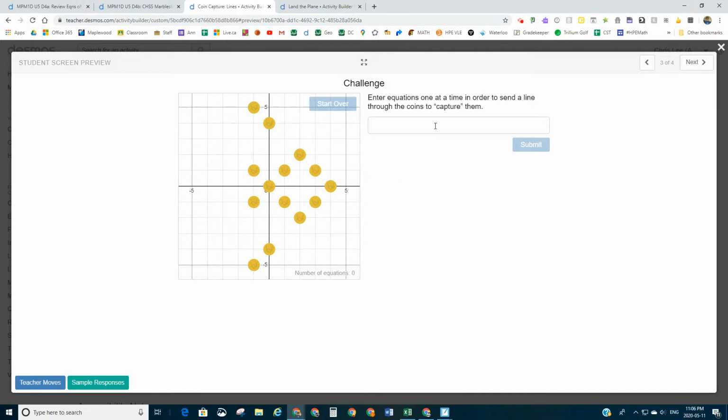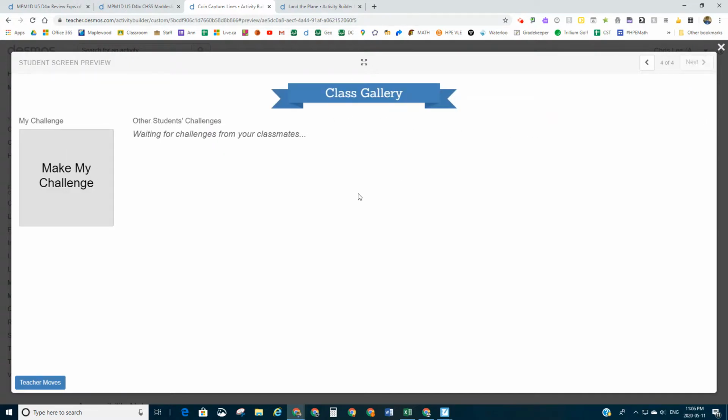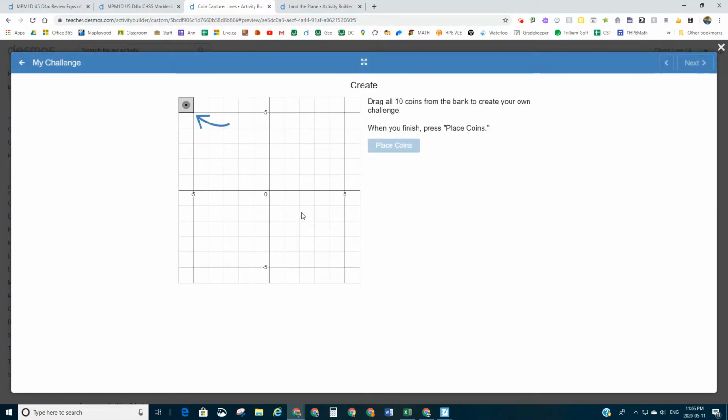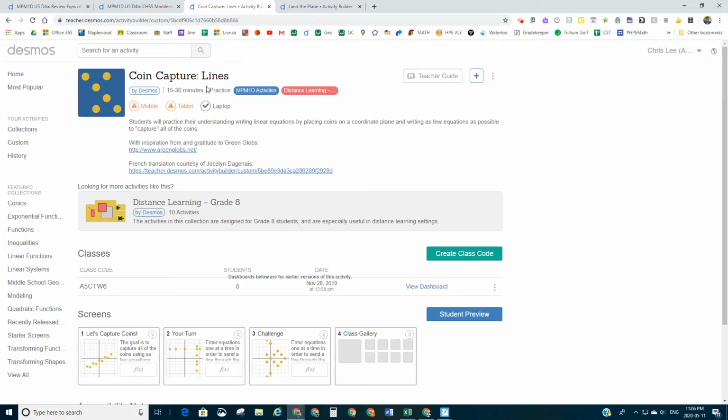The reason I wanted to point this out is because the last stage is a challenge where you can make up a question for other students in the class by placing the coins in different spots and then getting other students to try and collect those coins. This is going to be a really fun part about doing all of these Desmos activities. So that's called coin capture.